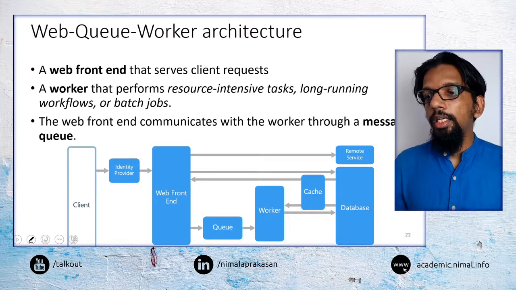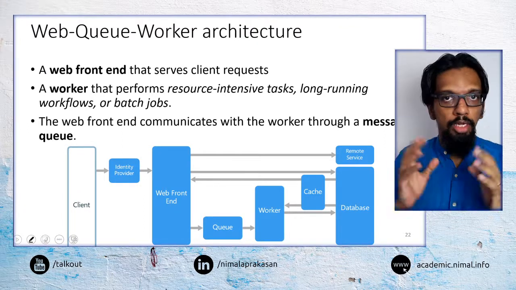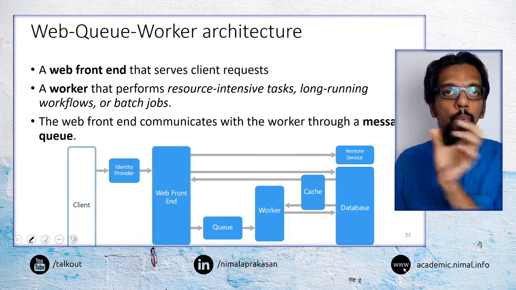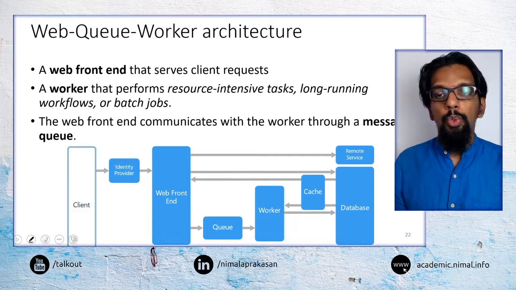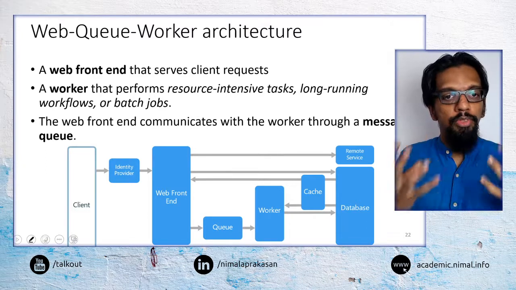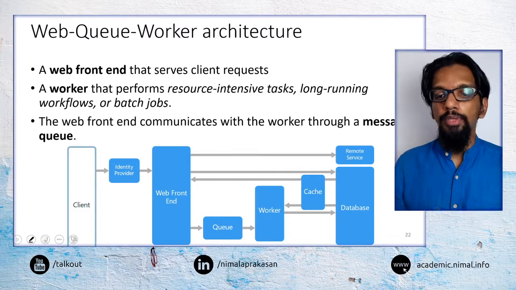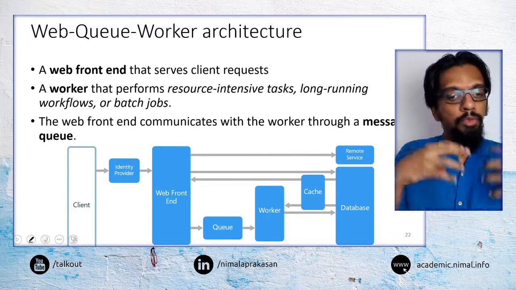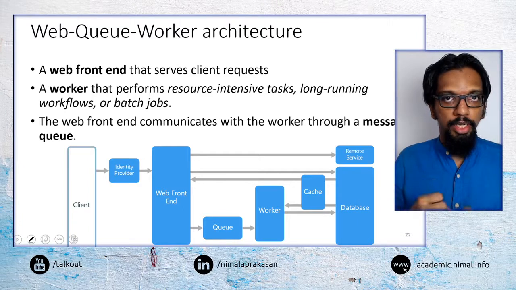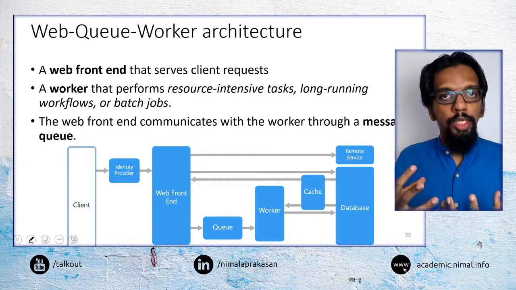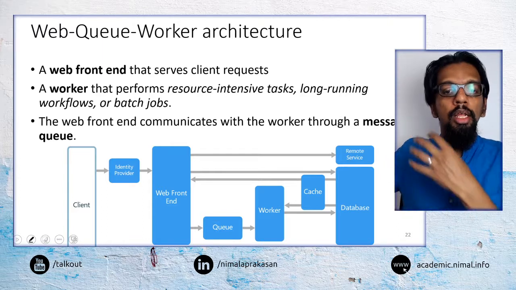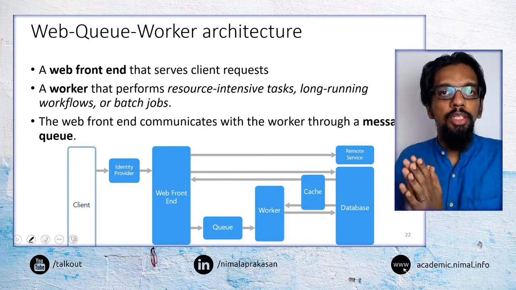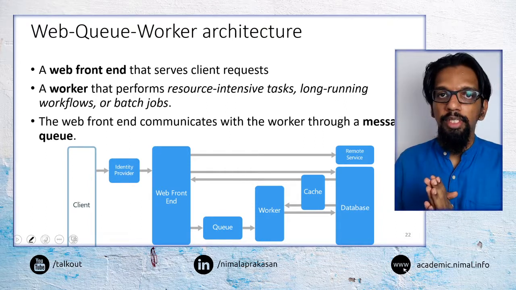Another type of architecture that we can have in client-server models is what is called a web queue worker architecture. This would be used in a particular type of scenario, where the request from the client comes from a web interface, but once the request is made, many resource intensive things need to happen on the server side.